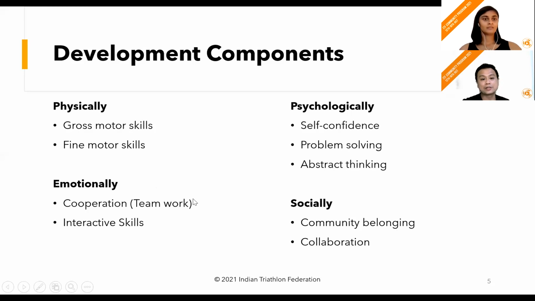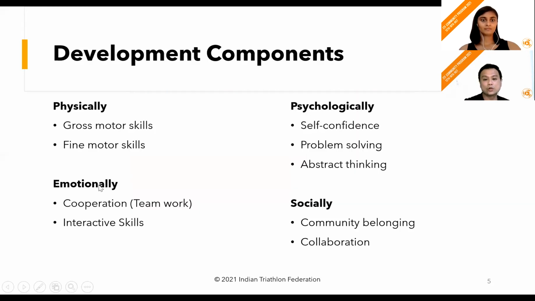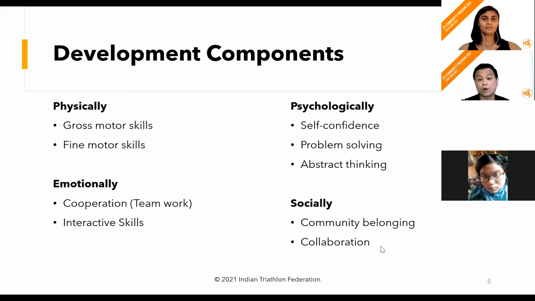So I mentioned about interactive skills. The last portion would be to really look at being able to collaborate as a community. So when you are looking at maturity, if a young athlete is able to look at contributing towards a particular community and working with people around him, that requires some form of social maturity as well.